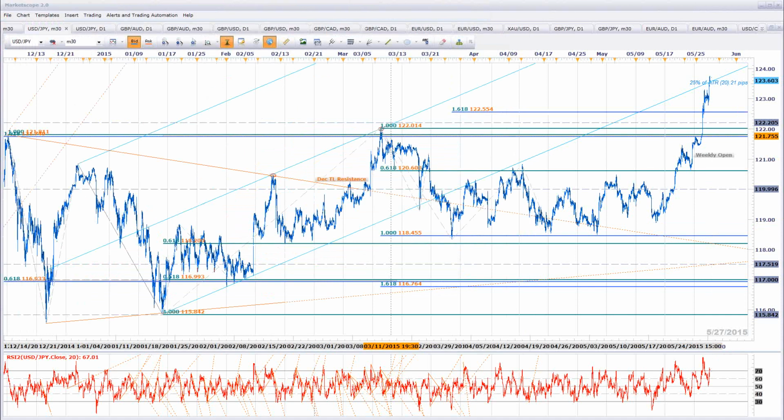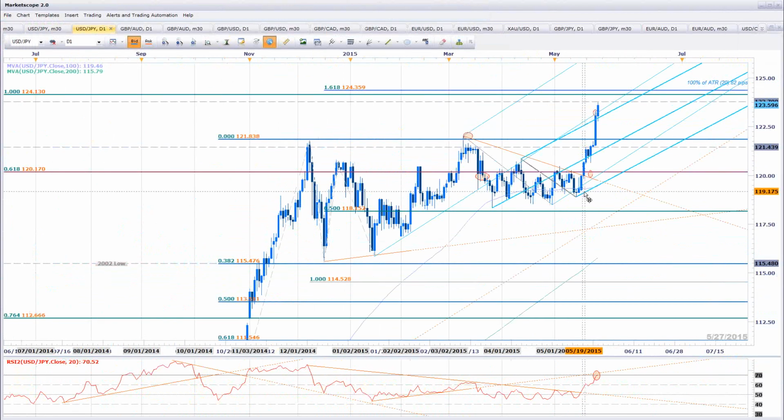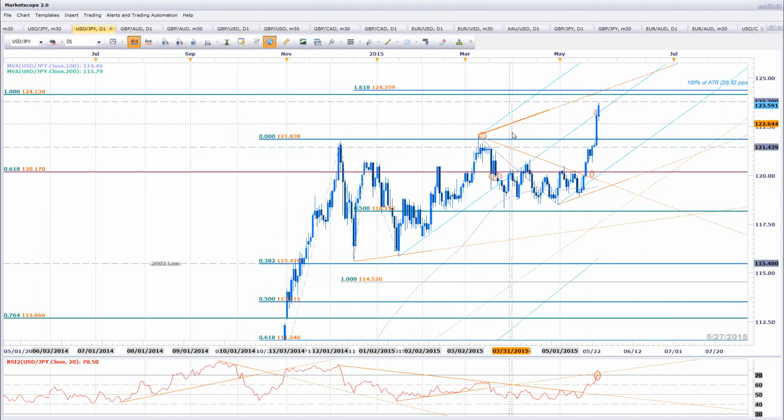So let's go back to the daily chart real quick. So these are the slope lines that you're looking at, Mark. And it makes sense as far as finding some near-term resistance. Again, yeah, I would have to agree with you from the perspective of a swing trade.